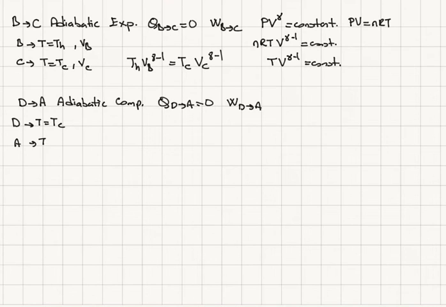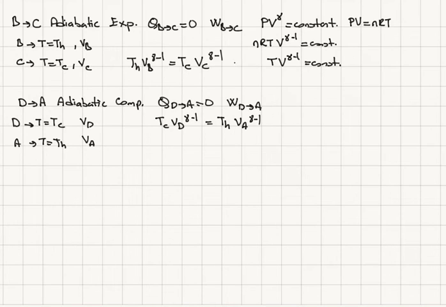At A, the temperature is Th. The volume at D is Vd, the volume at A is Va. So I have Tc Vd to gamma minus 1 is Th Va to gamma minus 1.